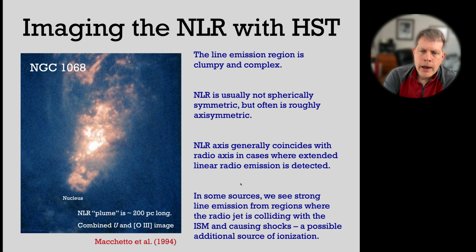And then furthermore, in some sources, we also see strong line emission from regions where the radio jet is colliding with the interstellar medium, perhaps causing shocks, and that may be an additional source of ionization, of course, secondary to the photoionization from the nucleus, but may also be acting.